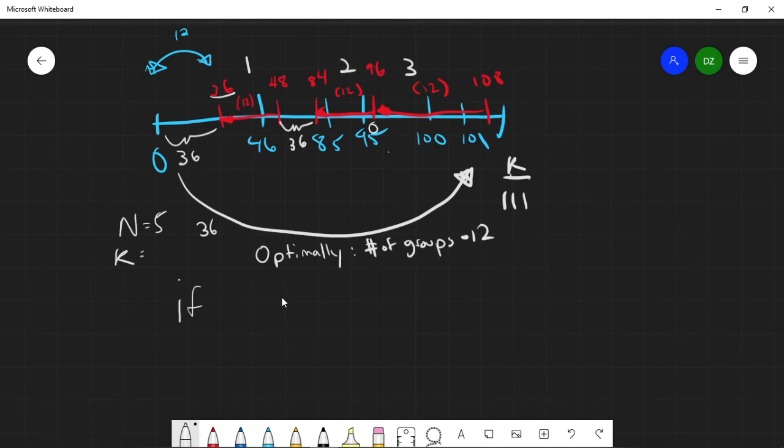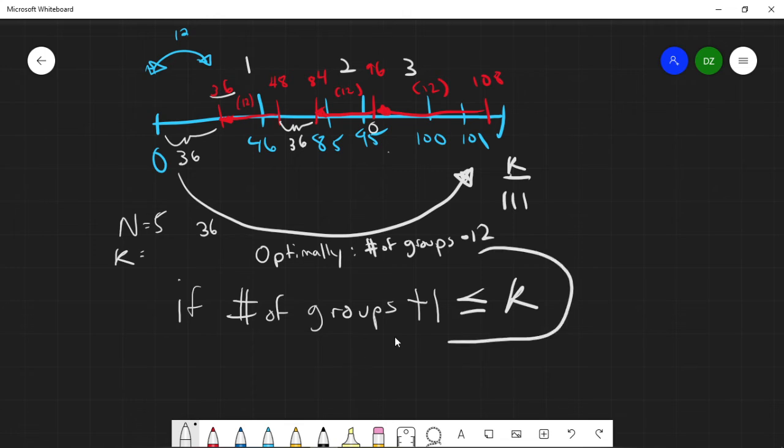If the number of groups plus 1, 2, 3, wait, 1, 2, 3, and then 4, yeah, plus 1 is less than or equal to k, that means it's the optimal.